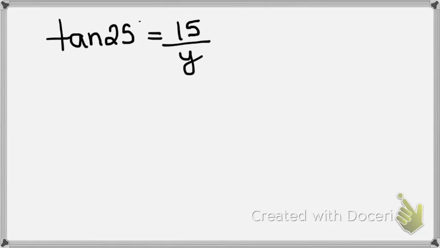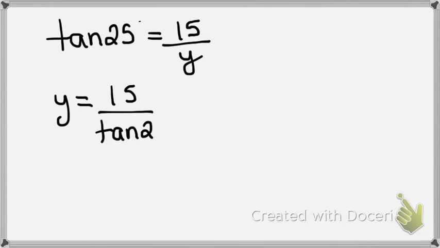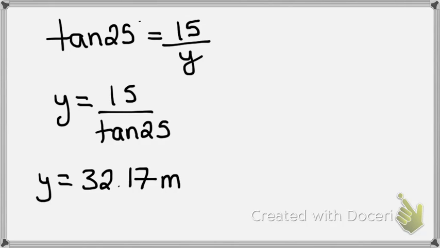The tan of 25 degrees is going to be the opposite side over the adjacent side. And again, we need to solve for y. So y is going to be 15 divided by the tan of 25. When you do that in your calculator, y should equal about 32.17 meters.